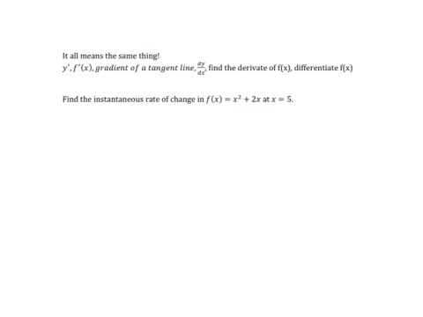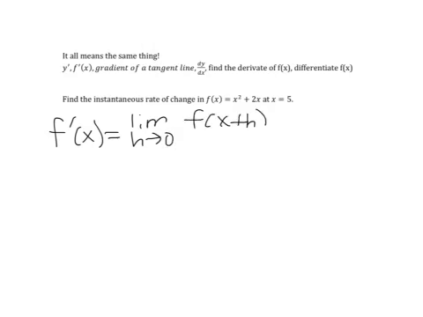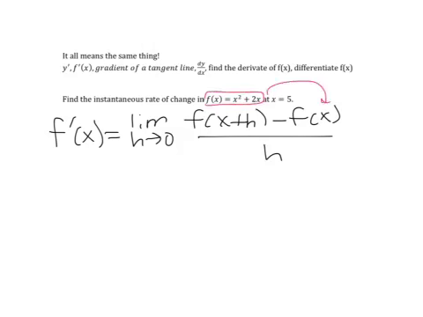We are going to use the first principle rule, which is f prime of x is equal to limit as h goes to 0, f of x plus h minus f of x, all divided by h. Here we already know what f of x is. F of x is this guy, which is going to represent the second part of the numerator.